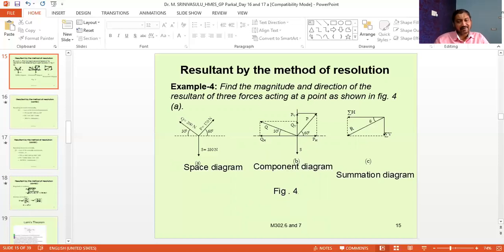So in the third quadrant, R is acting and making an angle of 43 degrees 11 minutes.